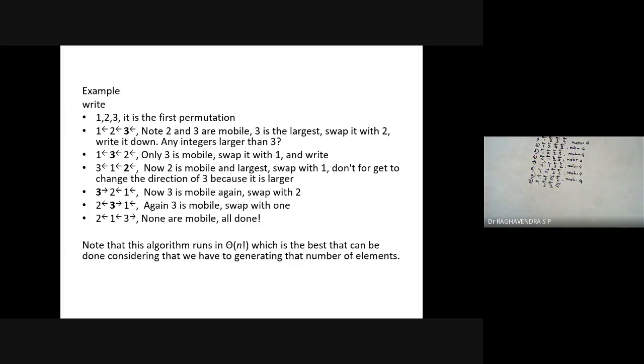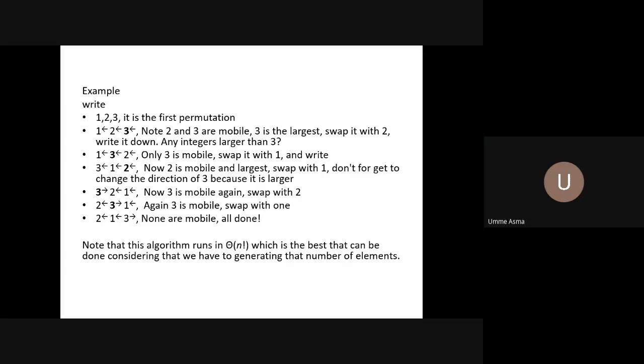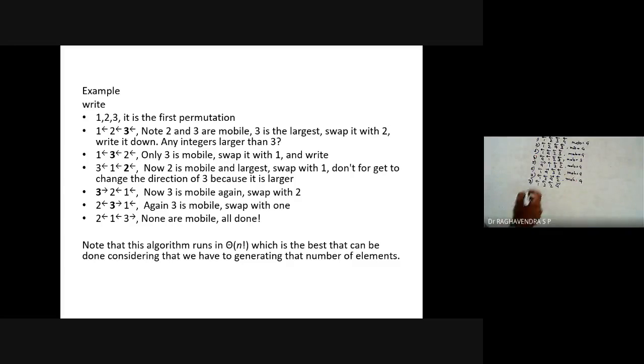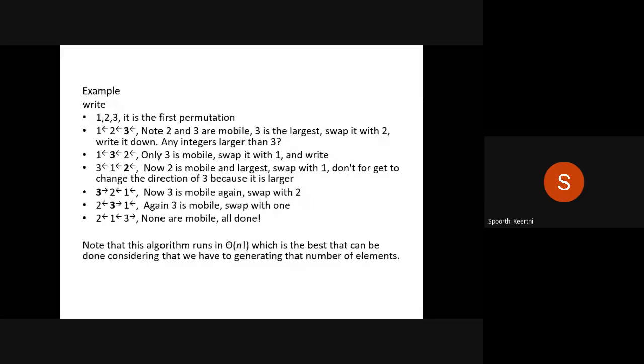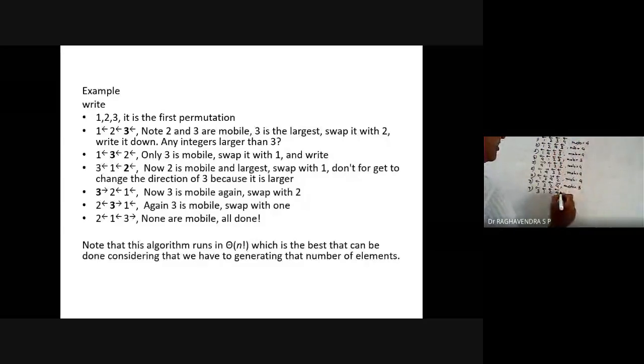Okay. So now what is a mobile now? 3. So 3 will be taken as a mobile. Then it becomes 3, then it becomes 1, it becomes 2. So 4 direction will be reversed. Now once again mobile is equals to 4.